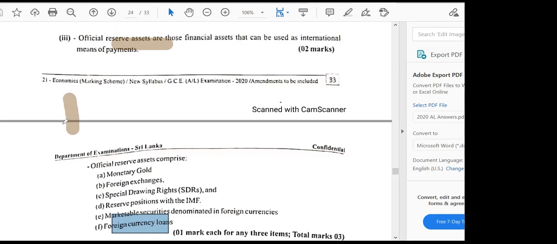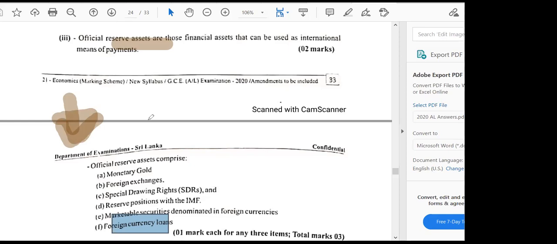It has decreased, and maybe they can ask what the reasons are. Reasons are because of COVID-19 and all of it. Our monetary inflow is very less, our outflow is very high. And then what measures have they taken to restore these official reserve assets? They can build on the same question and ask you a much more advanced question this year. I am not sure if they will, but there is a probability.